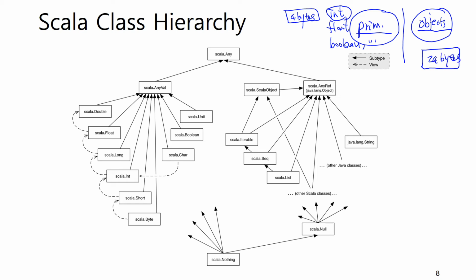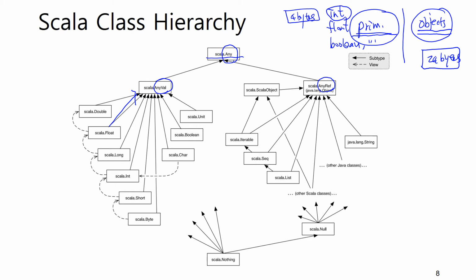In Scala, we no longer make a distinction between primitive types and objects, at least semantically. So semantically, we have a single superclass at the root, which is scala.Any, and we have two major sub-hierarchies, scala.AnyVal and scala.AnyRef. And every class that belongs to AnyVal uses native representation.